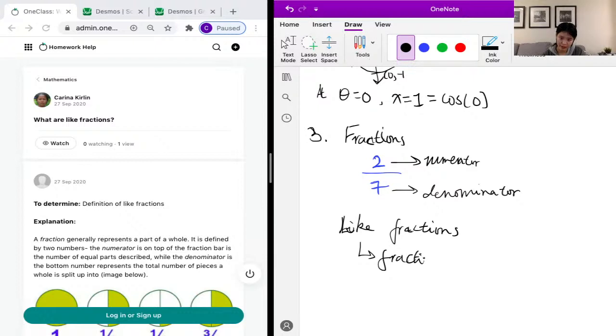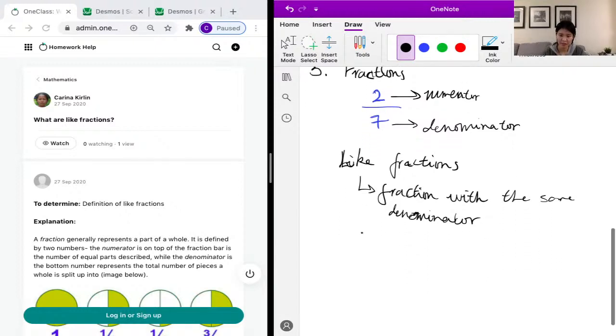Fractions with the same denominator. Cool. So like fractions are fractions with the same denominator. For example, we have 2/3 and 1/3 and 3/3, and they're all like fractions.